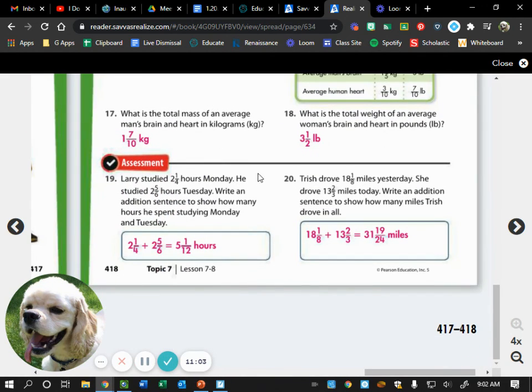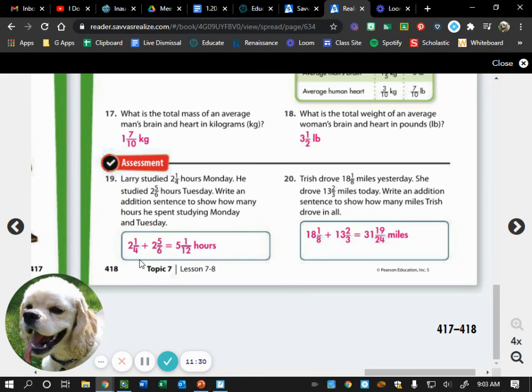So 19, Larry studied for 2 1/4 hours on Monday. He studied for 2 5/6 hours on Tuesday. Write an addition sentence. So when they say addition sentence, it's just this plus this equals this, to show how many hours he spent studying Monday and Tuesday. So we needed to add 2 1/4 plus 2 5/6. When we do that, we end up with 5 1/12.